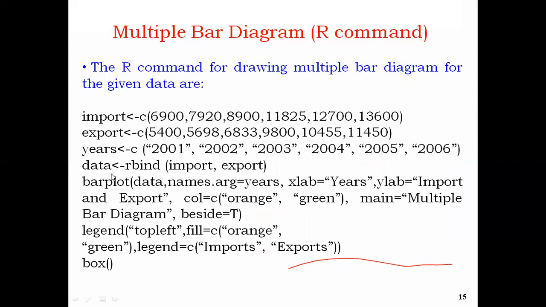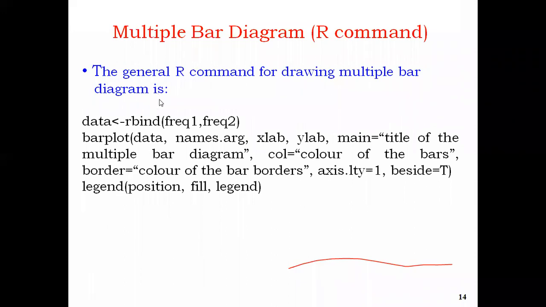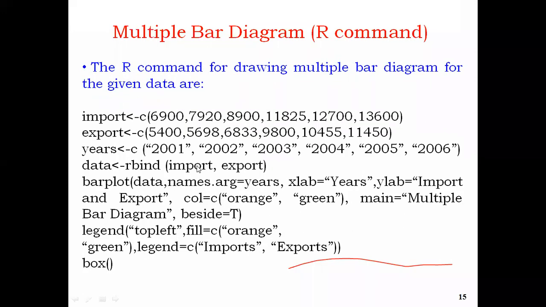Then data. What is data? Import and export. So just see, in your general R command, rbind, this is frequency 1 and frequency 2. So this is your import and export. So data, then rbind, import and export. This is our frequency 1 and frequency 2.